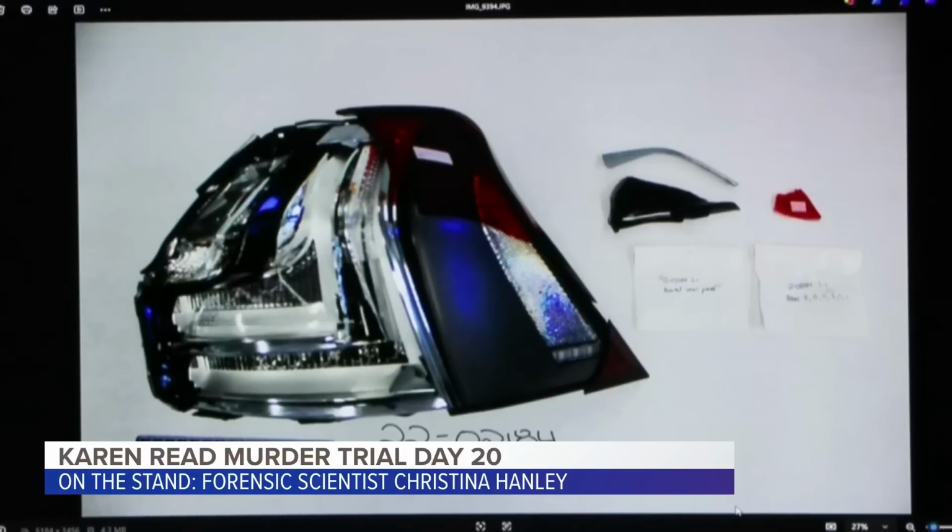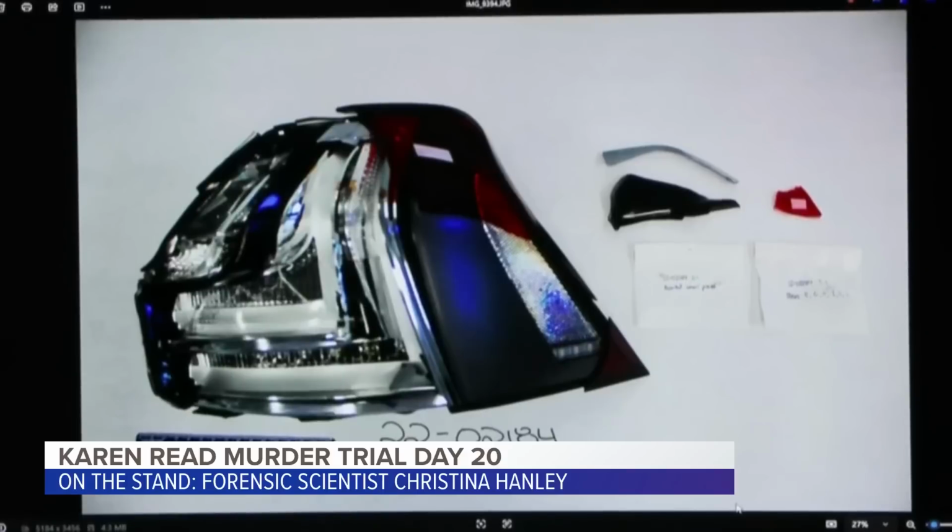Just for clarity purposes, if you could with the pointer, which of these pieces up on the screen were you sampling the clear and or the red plastic from? The red plastic that I sampled was from this area. It's a little hard to tell from here.